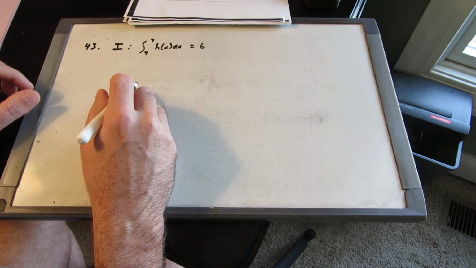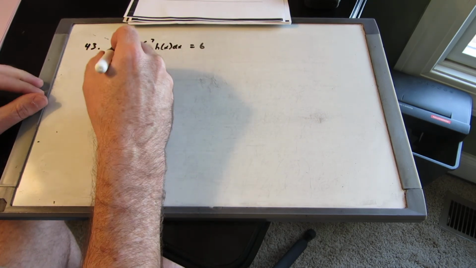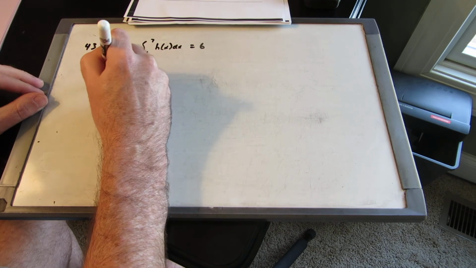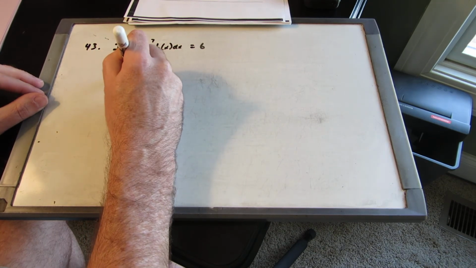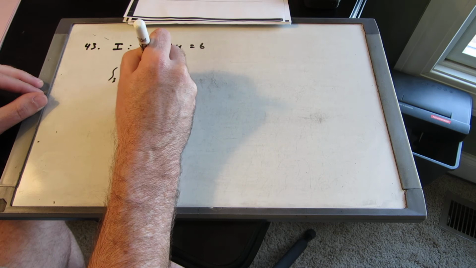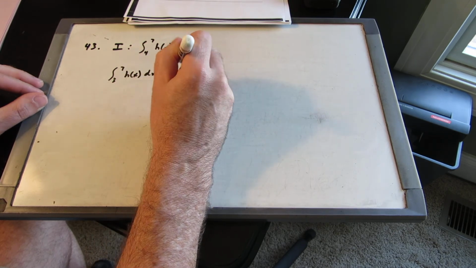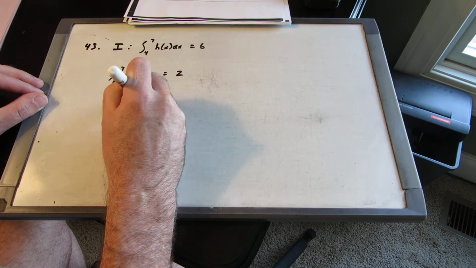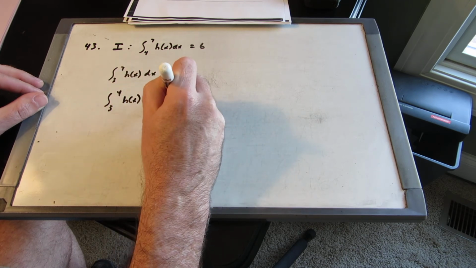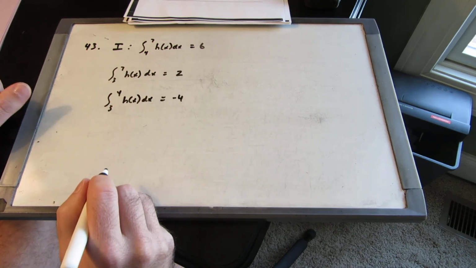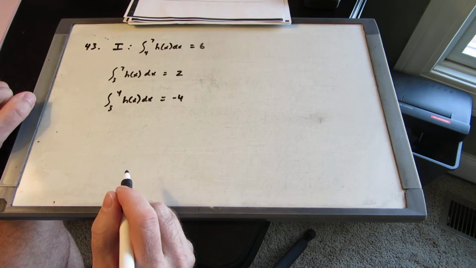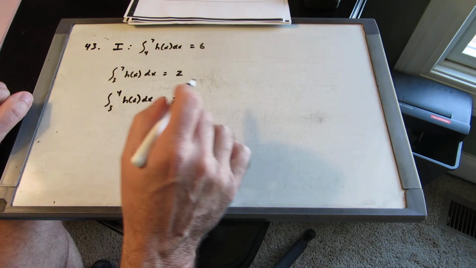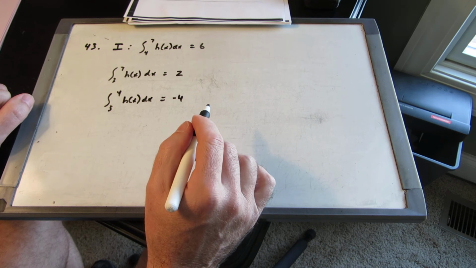Well, it says that the integral from 3 to 7 of h of x dx is equal to 2, and from 3 to 4 of h of x dx is equal to -4. So does 4 to 7 have to be 6?